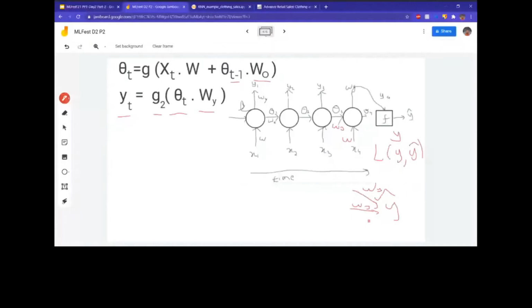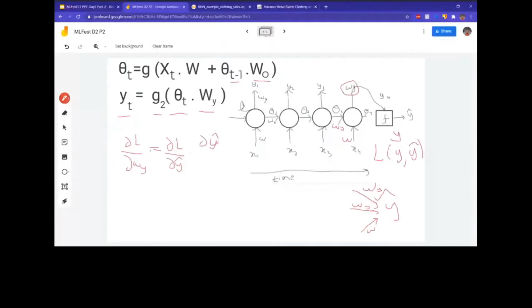So this actually simplifies the way you backpropagate, and you can update the weights a bit easier with this. For example, if you want to update wy right here, you can see that wy is directly related to y hat because it's being passed on. So if you want to calculate dou L by dou wy, a simple way to do this would be dou L by dou y hat multiplied by dou y hat by dou wy.